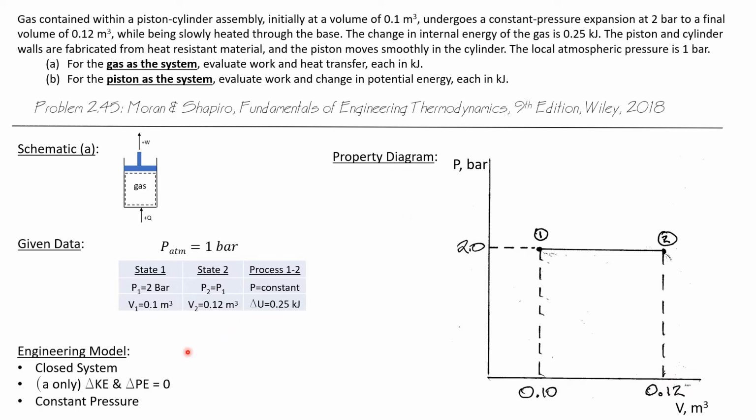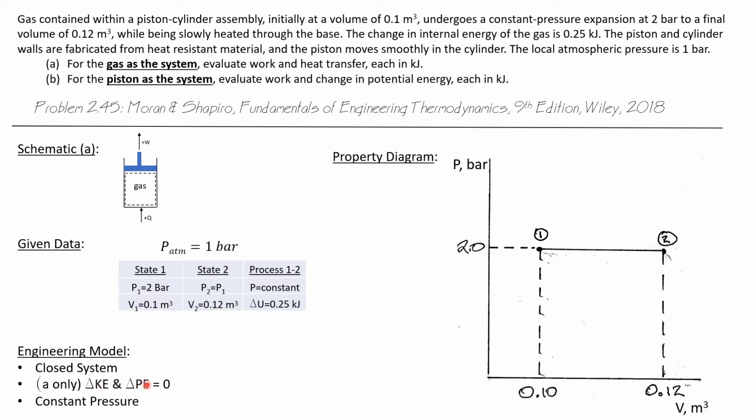Now, an engineering model for part A only is that this is a closed system and that the change in kinetic energy and the change in potential energy during this process are both 0. Now, it is true that the change in kinetic energy is 0 because the system had 0 velocity at the beginning and 0 velocity at the end, so there was no change in kinetic energy.